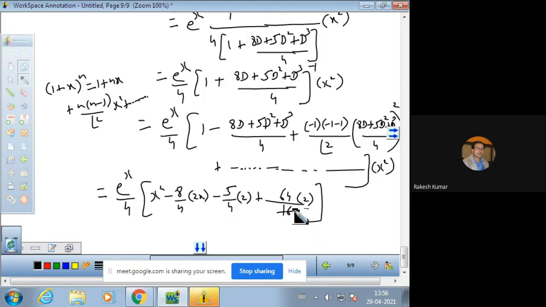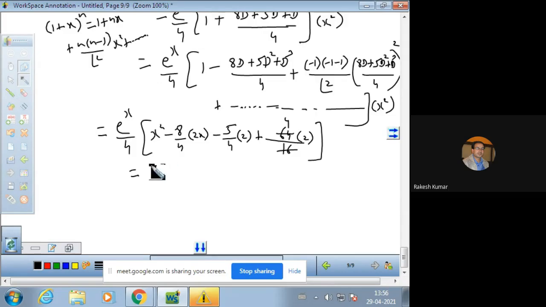So वहां से हमारे पास कुछ नहीं आएगा, 0 आएगा. So that will be e raised to power x over 4, x square minus 4x, and that is 10 over 4 plus 8. That will be 8 twos are 16.